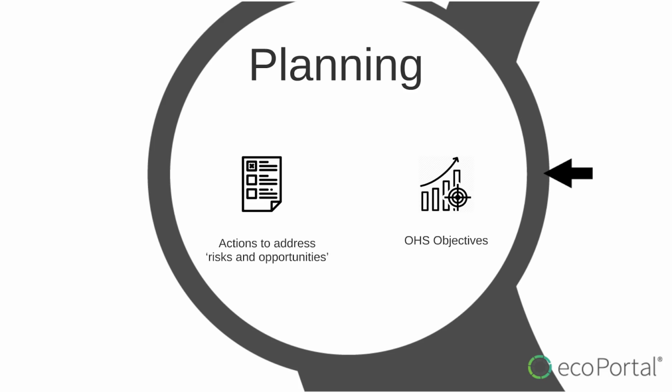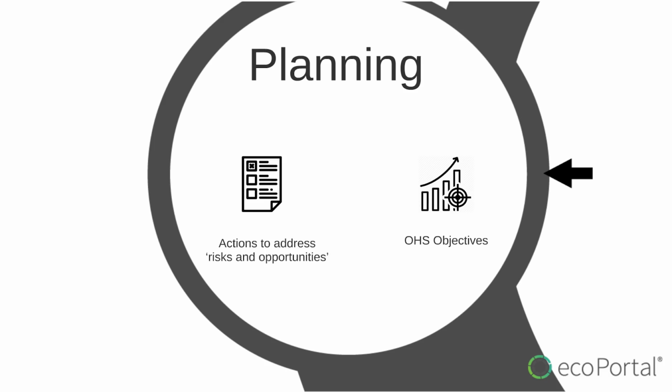A vital part of the planning and implementation of a health and safety management system is the requirement to identify the risks and opportunities that can potentially impact its operation and the performance of the system. So in addition to the risks associated with health and safety hazards, the ISO 45001 standard introduces the need to identify and assess risks relating to the establishment and the maintenance of the health and safety management system itself.